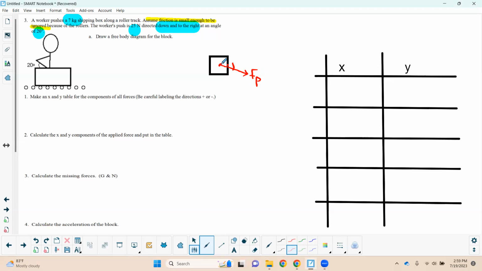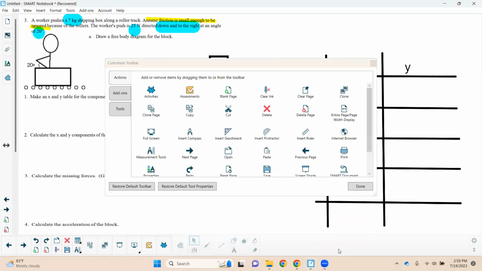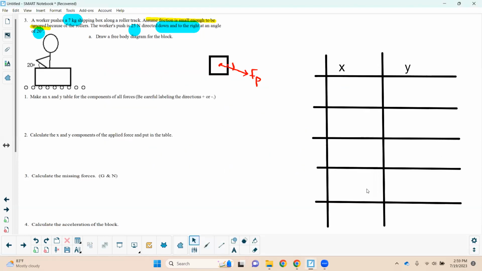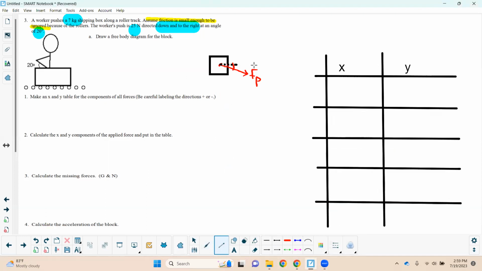Draw a horizontal line. All right, so that angle there is 20 degrees.